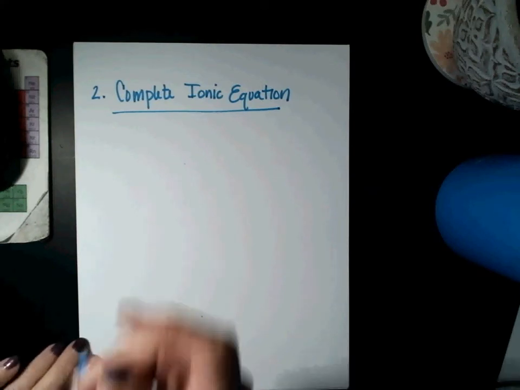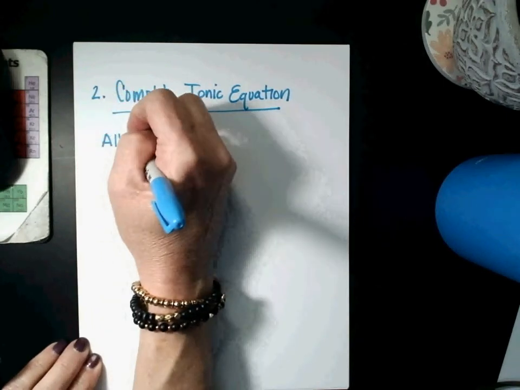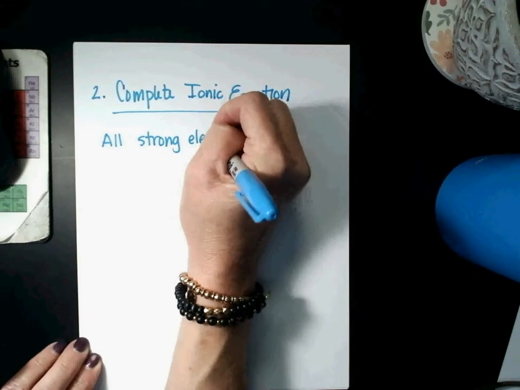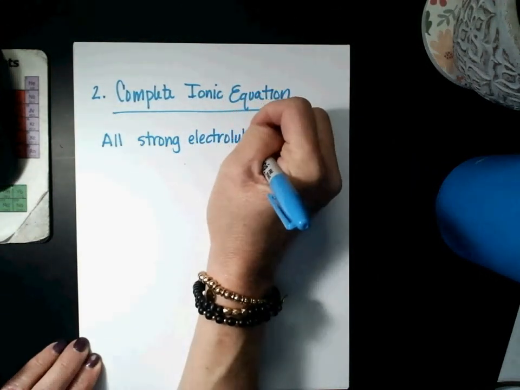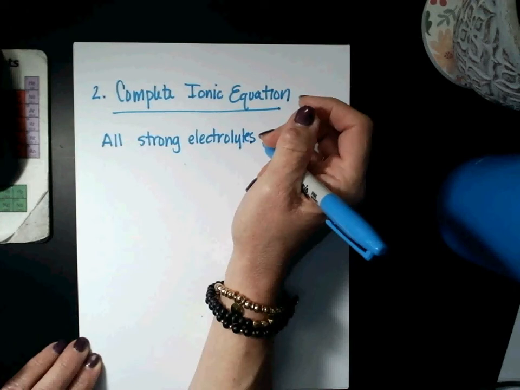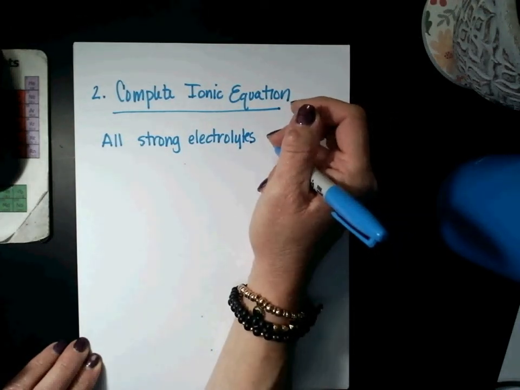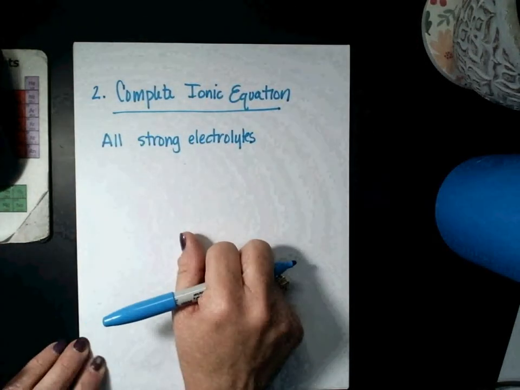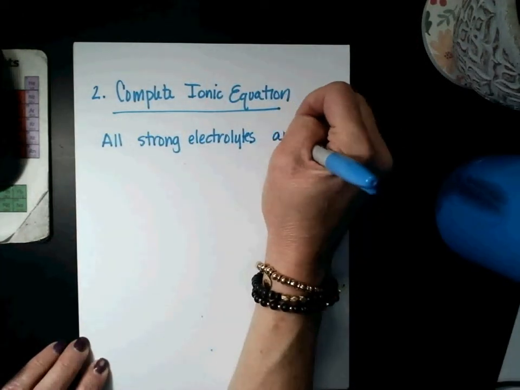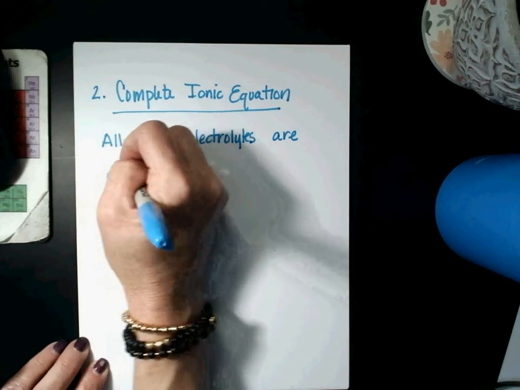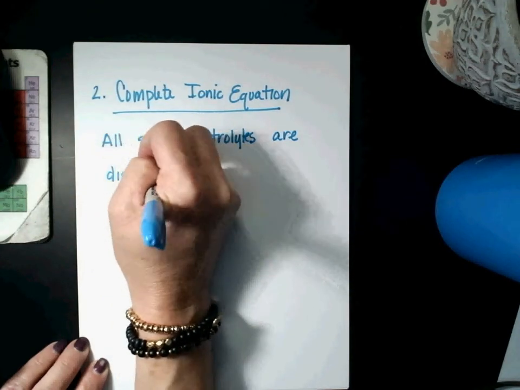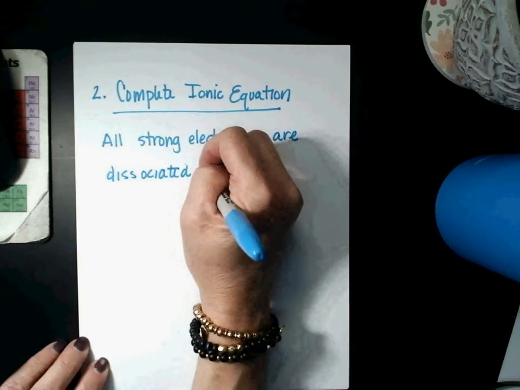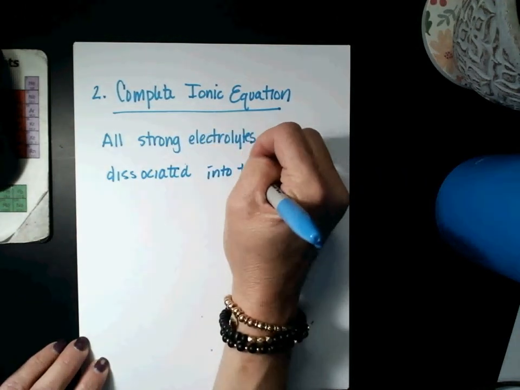So in a complete ionic equation, all strong electrolytes, and I could say strong acids, strong bases, soluble ionic salts, all those words that fit strong electrolytes, are dissociated, I'm going to just say into their parts.